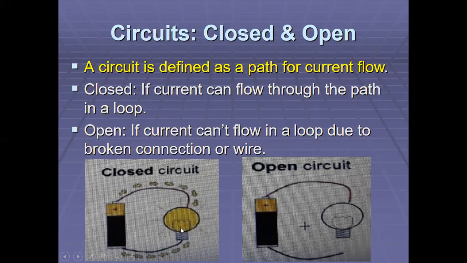If there is a bulb in a closed circuit, it will give light. Whereas in an open circuit, there is a broken connection or wire, or the circuit is broken down, so it is open. Electricity cannot flow in a loop and come back to the same point again, so the bulb will not give light.